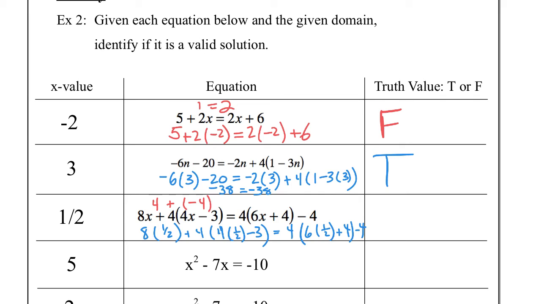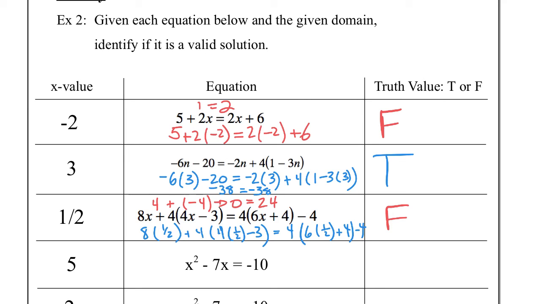So on the left side, we're going to get 4 plus -4, or simply 0. Now on the right side, we have 6 times 1/2 is 3, plus 4 is 7, times 4 is 28, 28 minus 4 is 24. So we get 0 equals 24, which is clearly false.